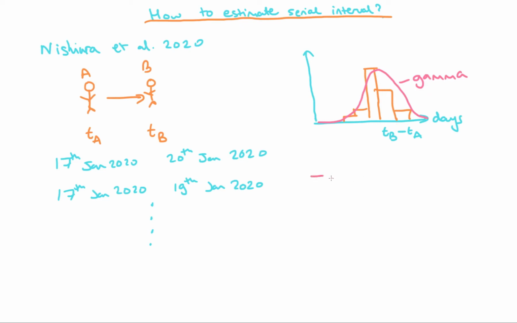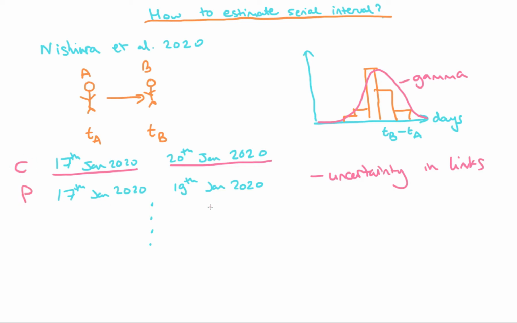One is that we have various uncertainties. We have uncertainty in the actual links. In other words, is it actually the case that this individual, whose symptom onset occurred at this time, actually infected this individual whose symptoms occurred on the 20th? Typically, when you record these data, individuals record whether it is very likely, in other words a confirmed link, or just probable that there is a link there.